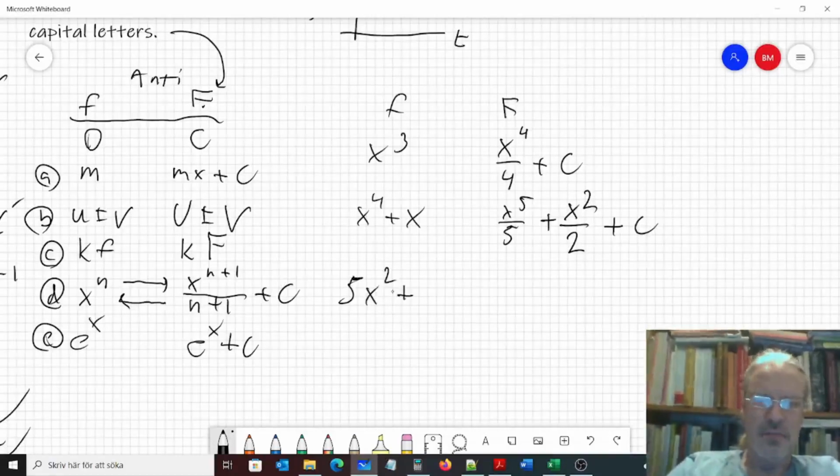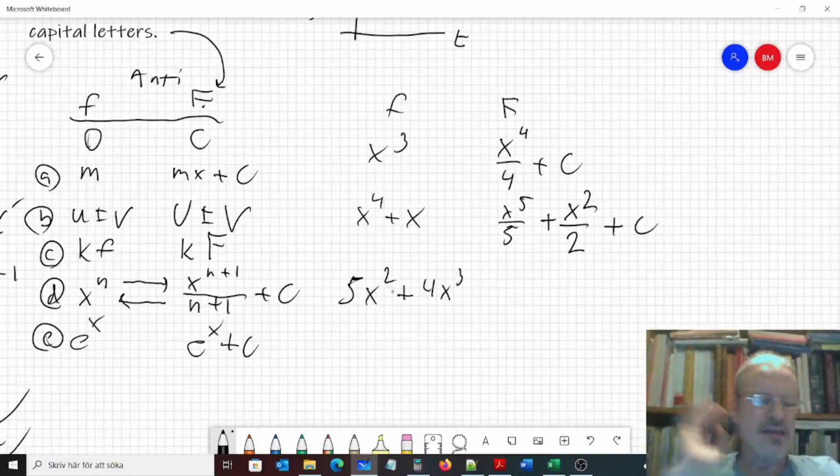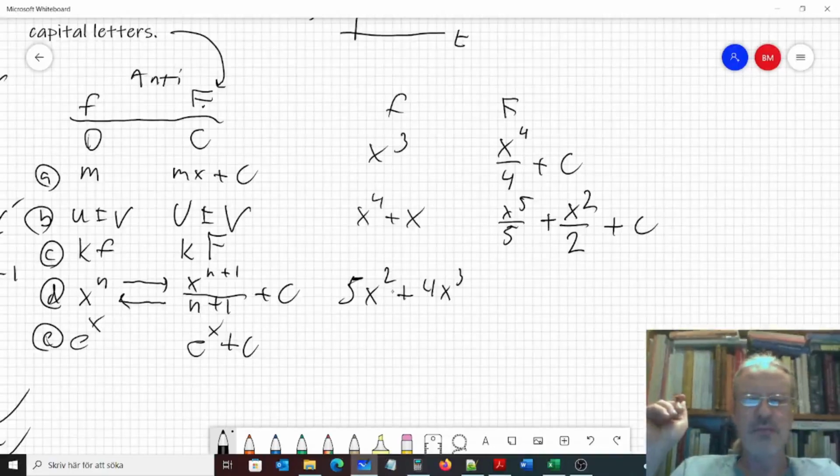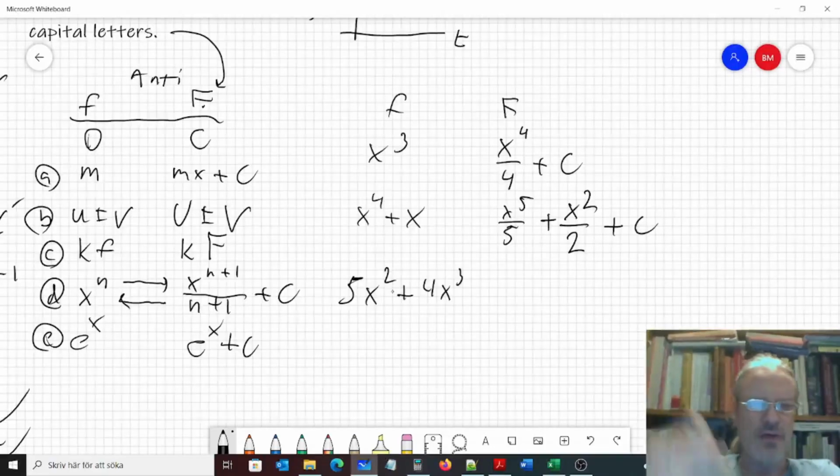What more could we say as an example? 5x² plus 4x³. We should take the antiderivative of this. First we have rule B that allows us to take it separately. For the first one, we have a constant in front of the function.